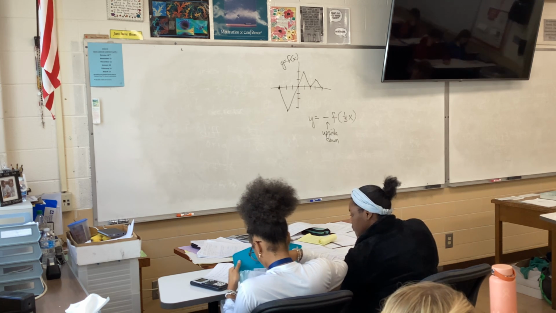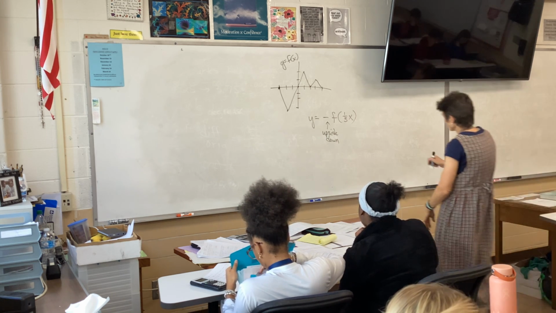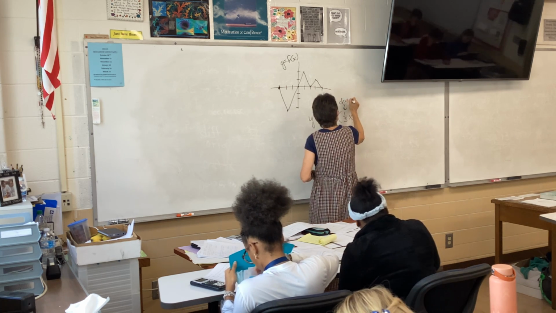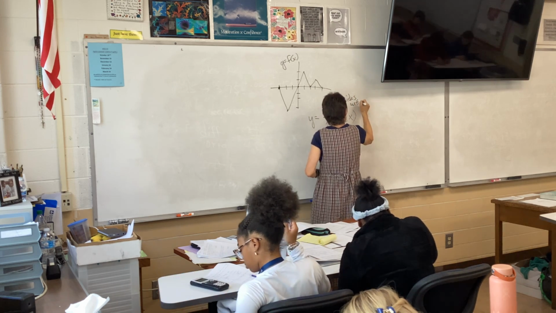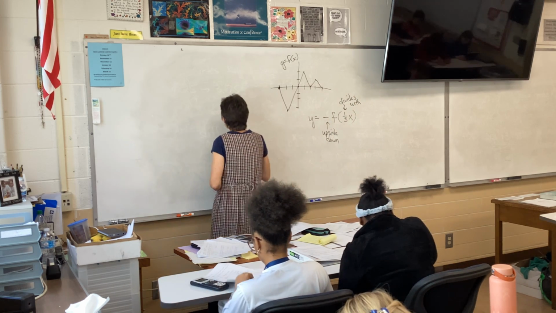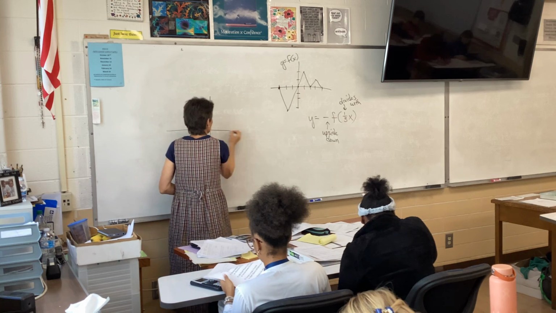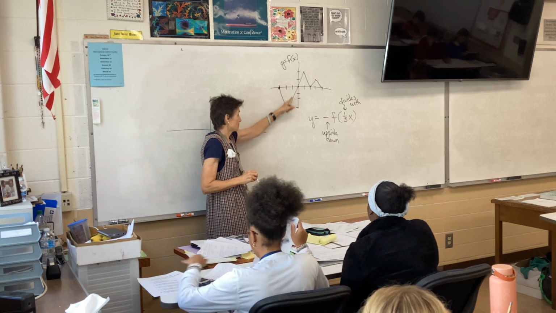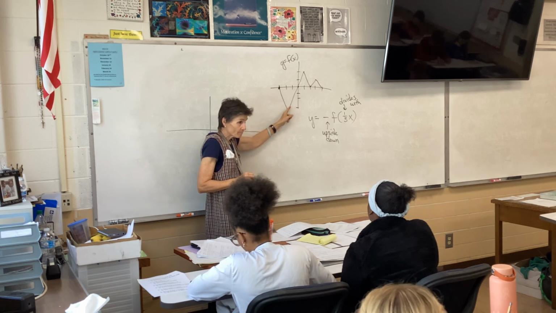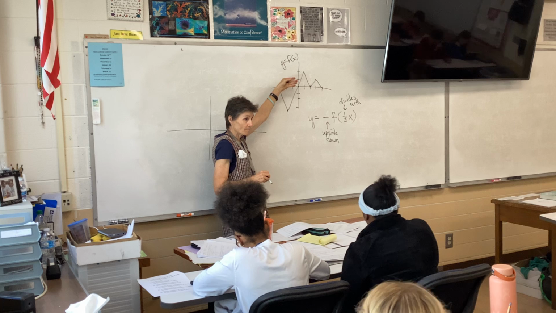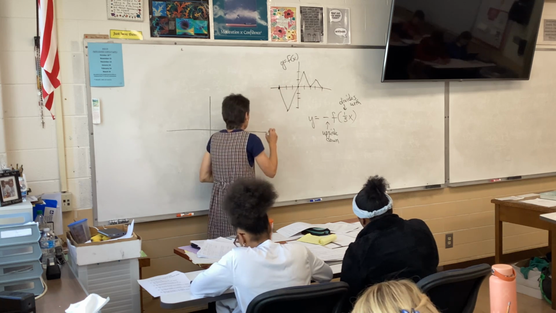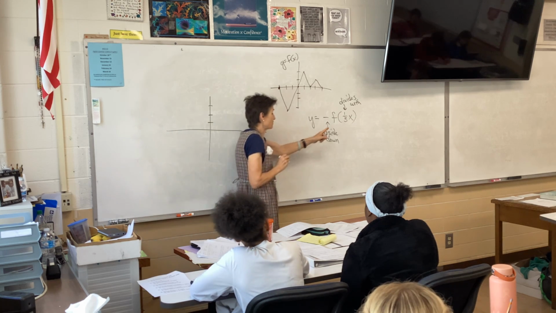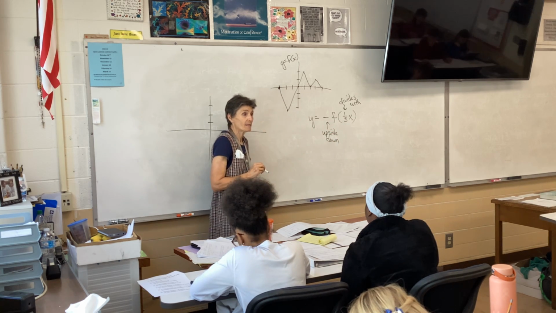Okay. All right, so what does the 1/3 do? It divides the width. So if I'm graphing this, two things are going to happen. It's going to turn upside down, so this triangle right here, which is going down, is now going to be going up. It's going to go up the same amount, but its width is going to be divided by a third.